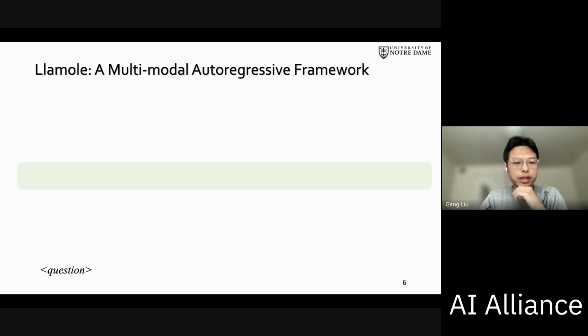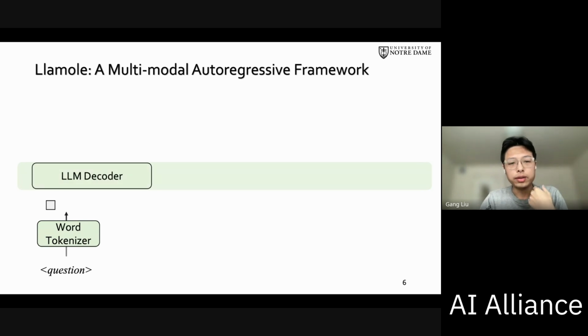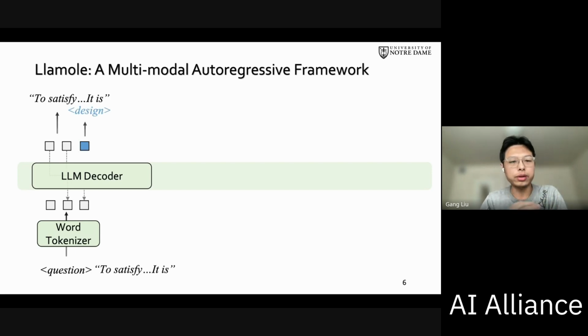Slightly going into details. First, when we have questions, we use the word tokenizer from the large language model to tokenize the text input into text tokens, and then we use the pre-trained large language model decoder to do autoregression in the text space, and it continues until we predict the next token as a special token.